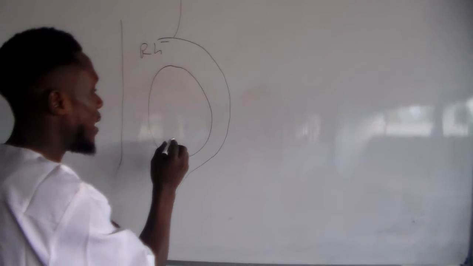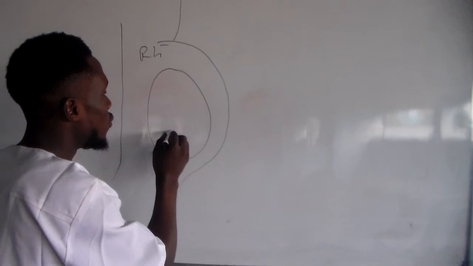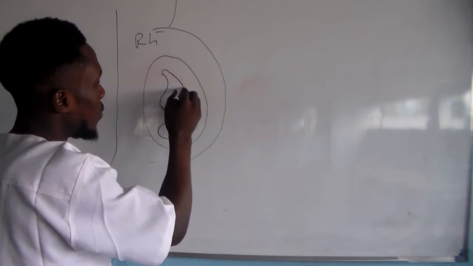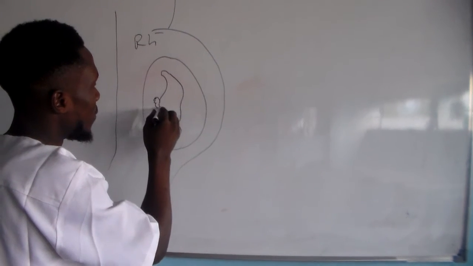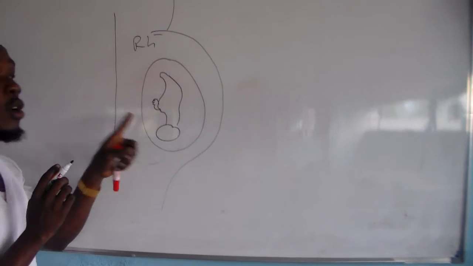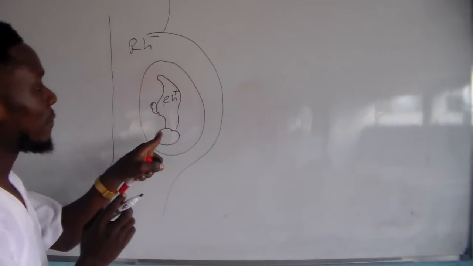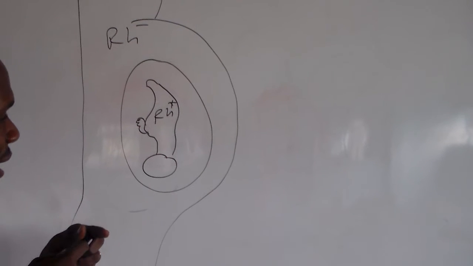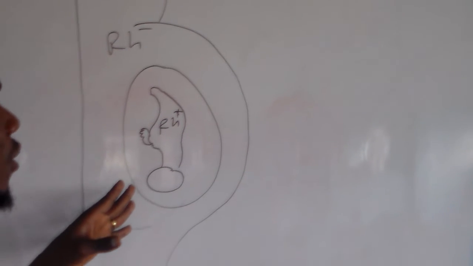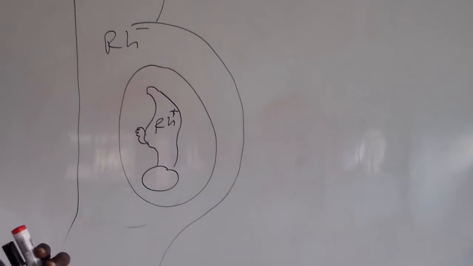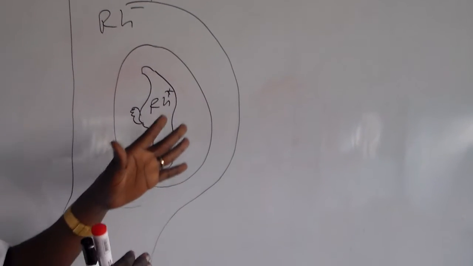So if this fetus happens to be rhesus positive as a result of the father's genetic makeup, what would happen is that during intrauterine life, during the latter pregnancy, there is a tendency of fetal hemorrhage, a condition where fetal blood leaks into maternal circulation during the later trimester or during delivery.